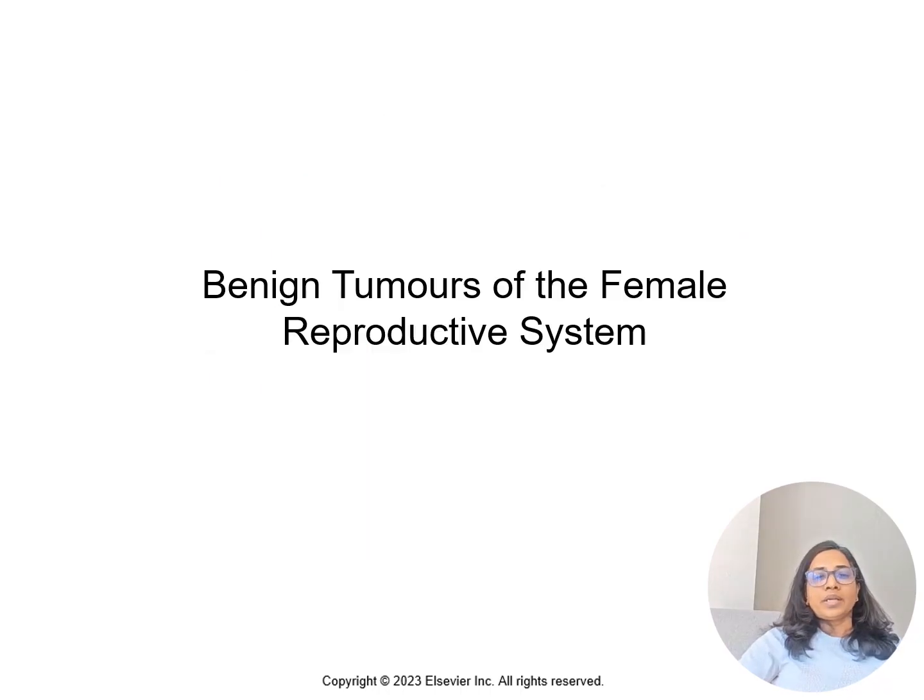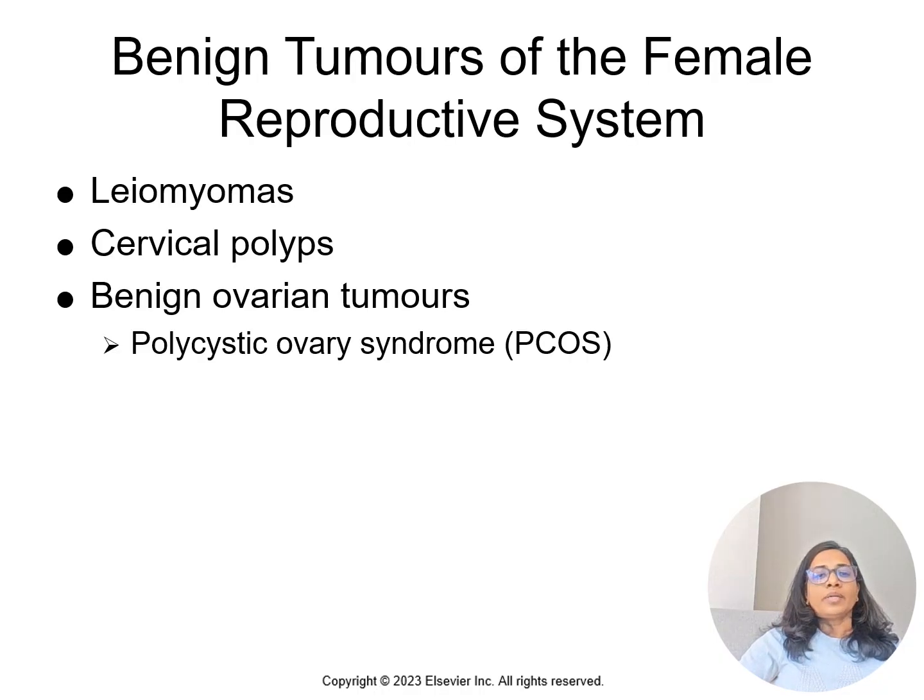Now let's look at the benign tumors of the female reproductive system. A common one is leiomyomas. You might also have heard about something called fibroids. The other name for leiomyomas is fibroids. Others are polyps or other tumors like polycystic ovarian syndrome.